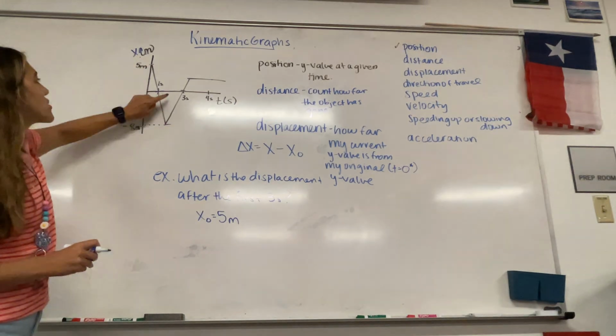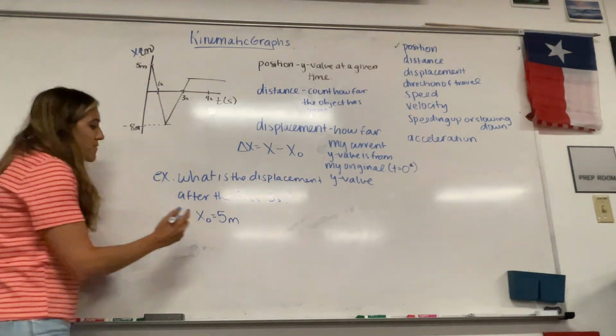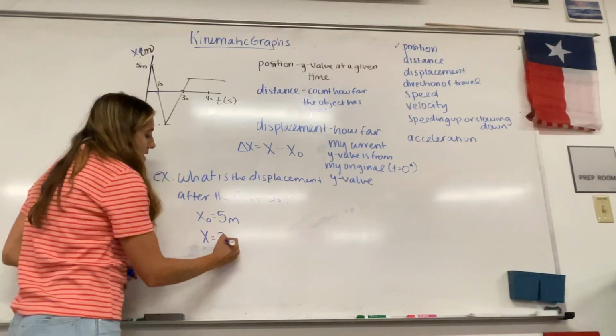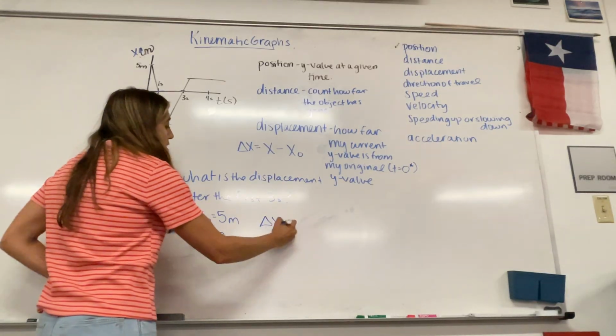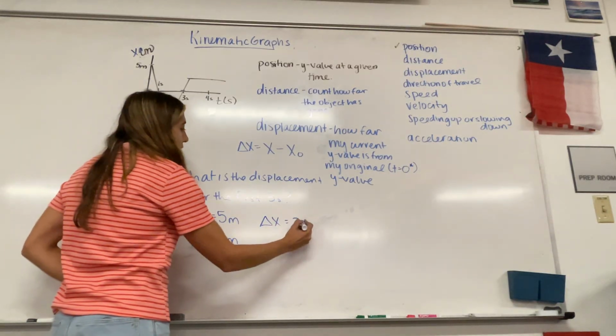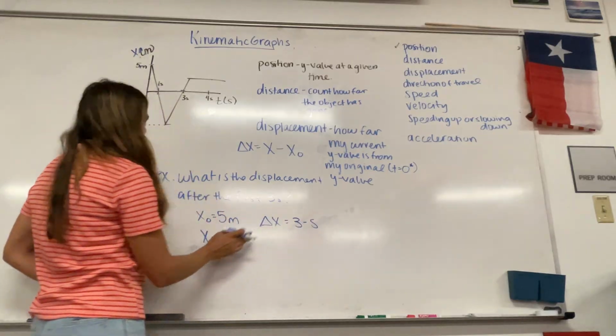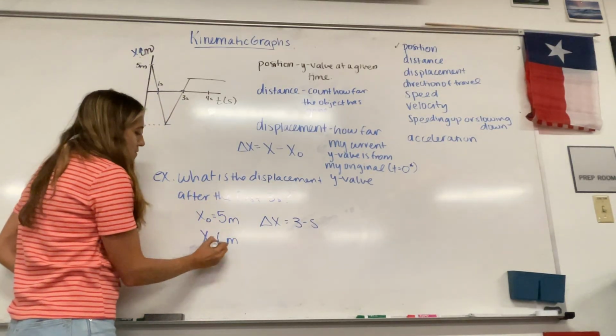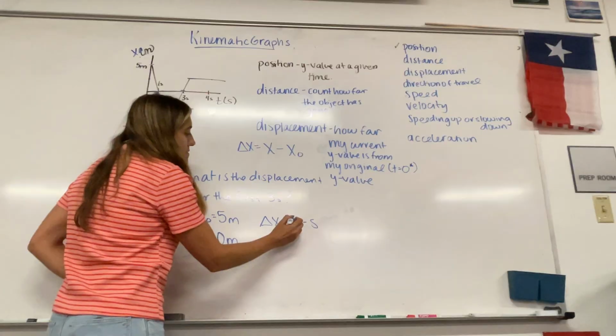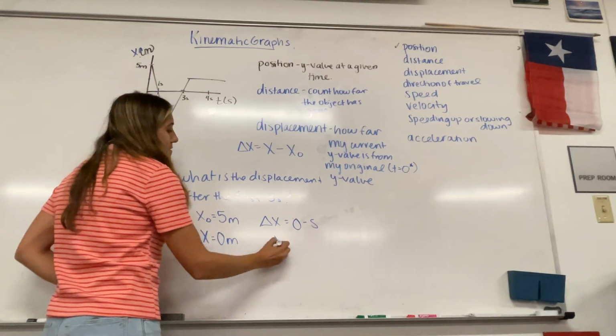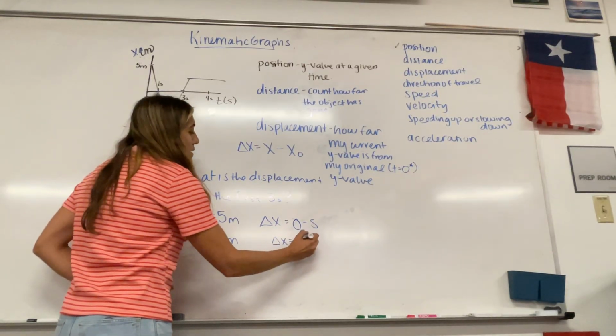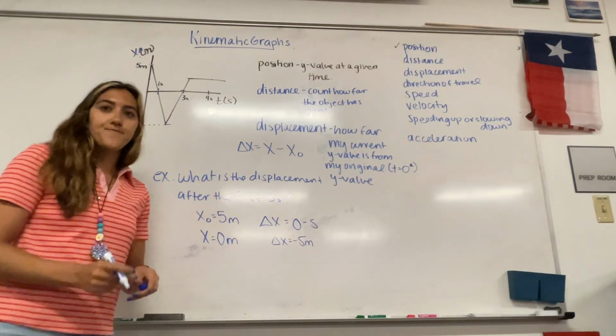My final position is at 0 at 3 seconds. So my displacement is 3 minus, sorry, I put 3. I meant 0. So sorry. It's 0 minus 5. So I've been displaced -5 meters.